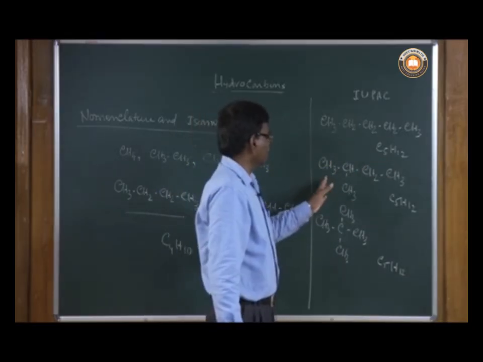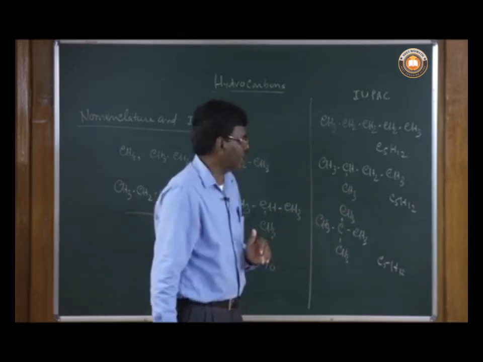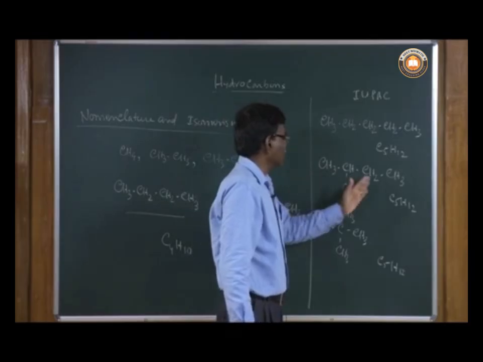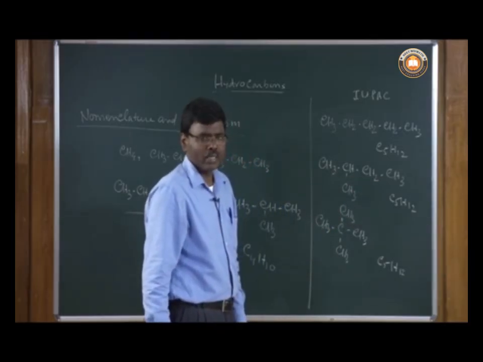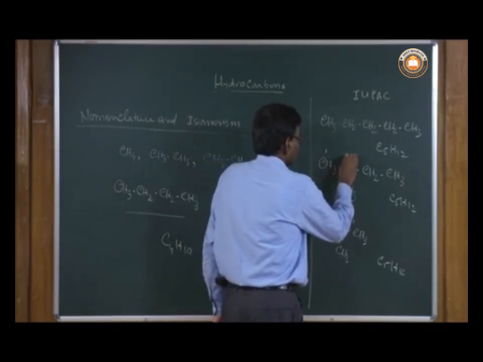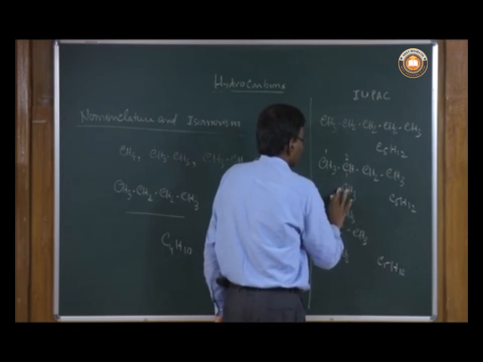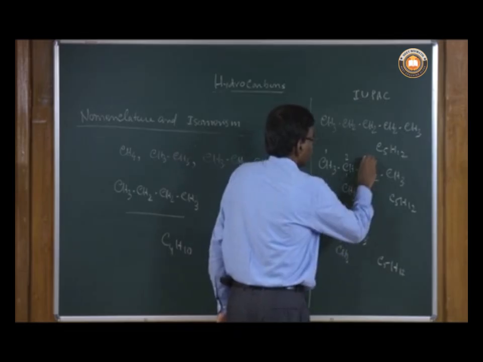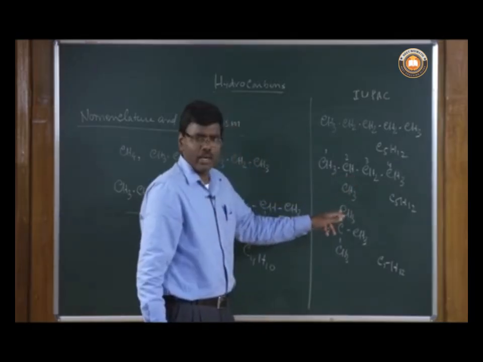When you go for a branched one, what we have to do in this case is find out the longest chain in this molecule. There are 2 possibilities: 1, 2, 3, this is one chain, you have 3 carbon atoms. The other possibility is 3, 4.